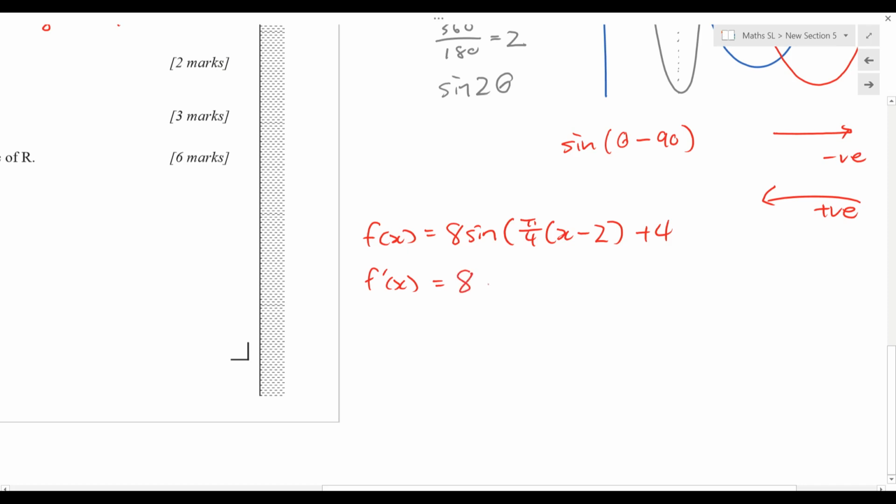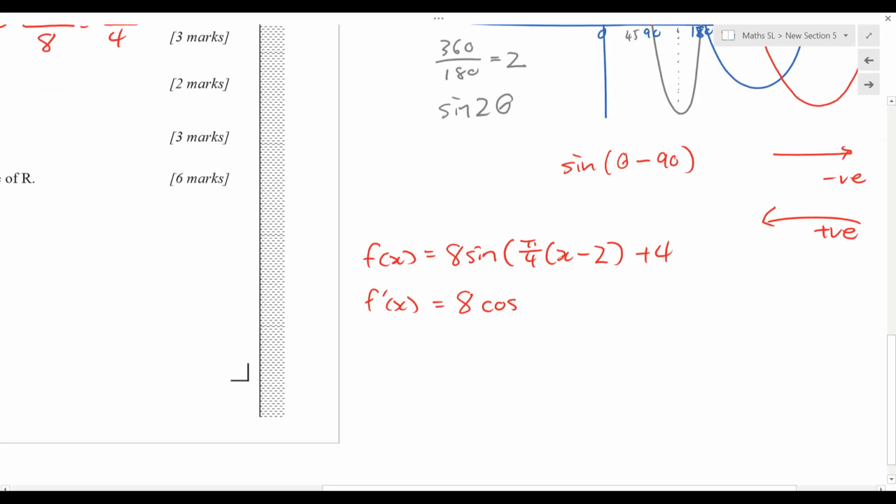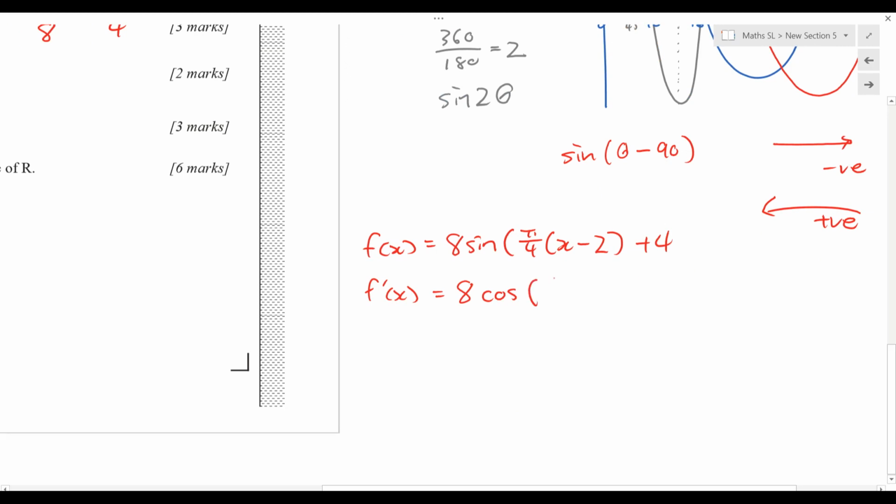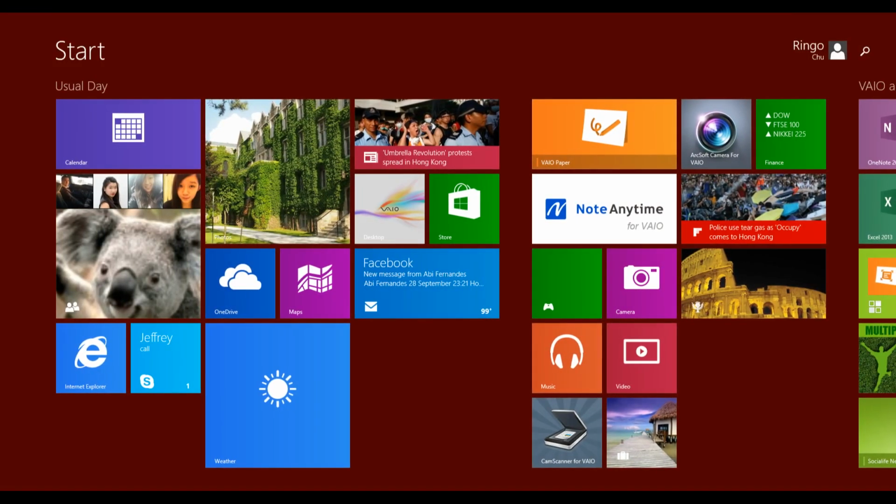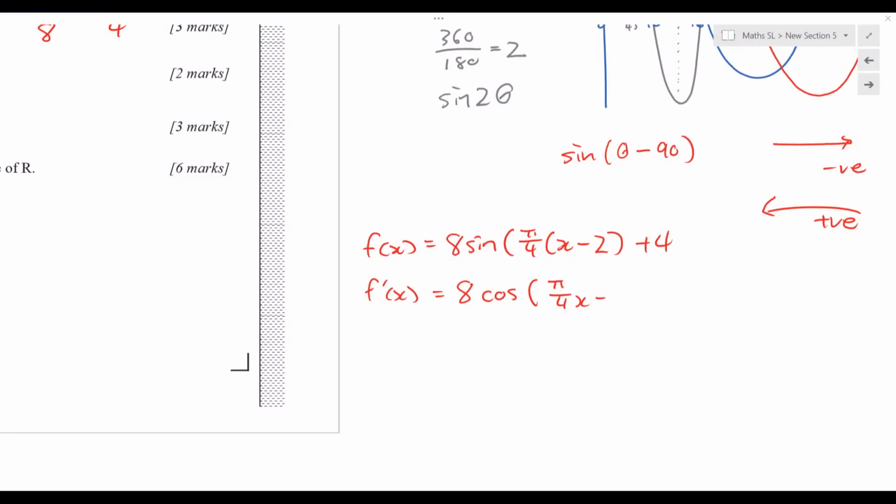So we know that sine becomes cosine, and the inner bit I'm just going to expand it because it actually doesn't change, minus pi over 2. And because we know from the chain rule we have to differentiate this inner part one more time, so it becomes pi over 4.